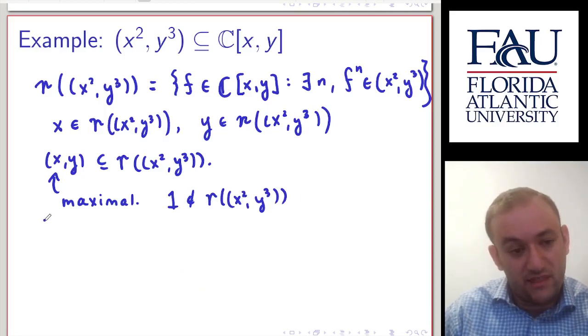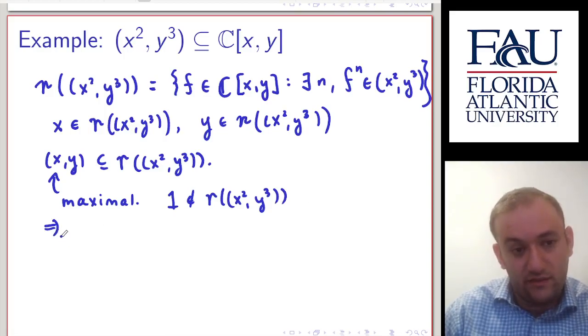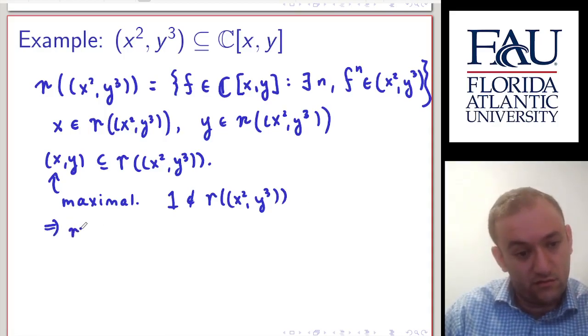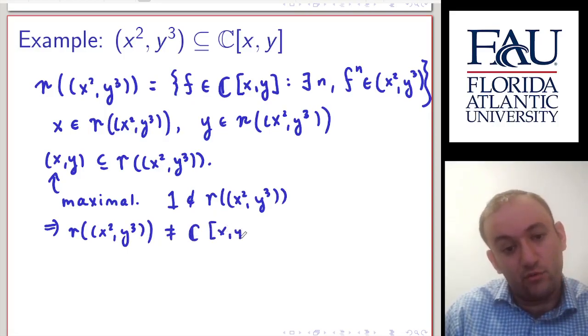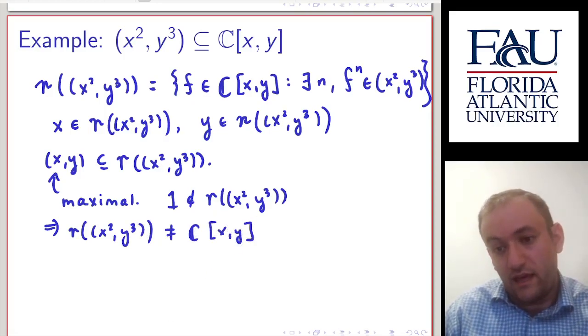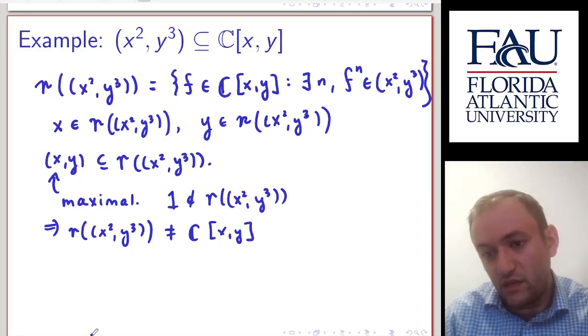So the radical is not the whole ring. Once I'm not the whole ring, and I contain a maximal ideal, it must mean I'm equal to the maximal ideal.